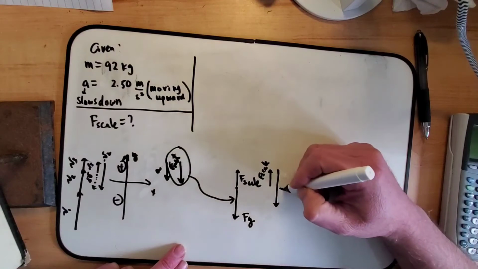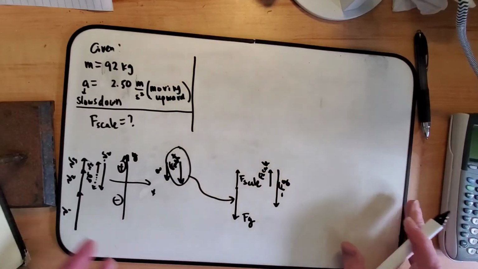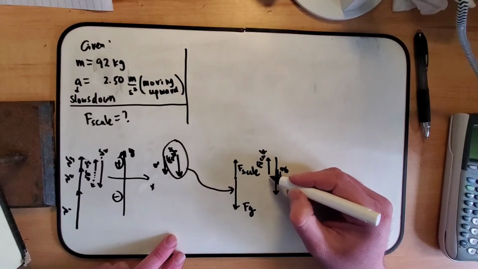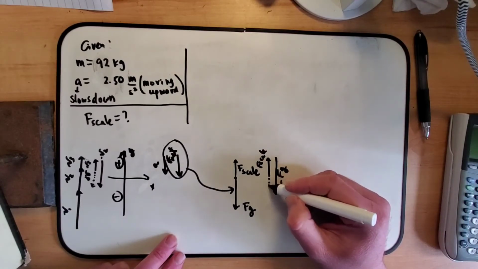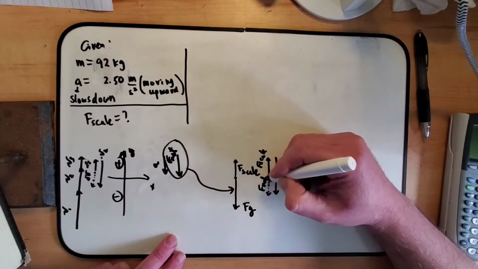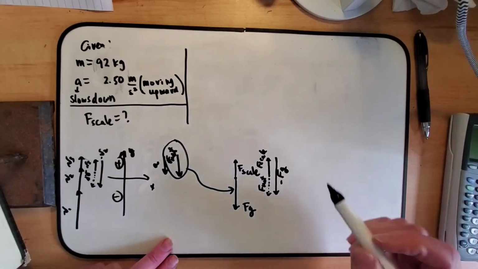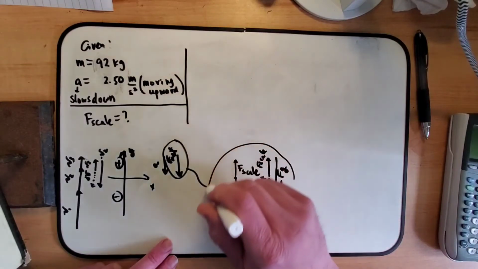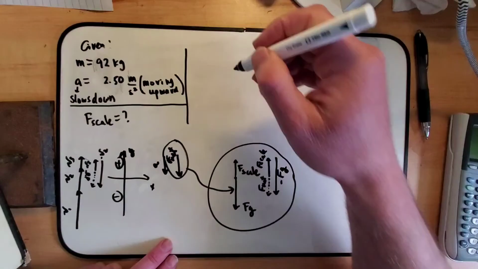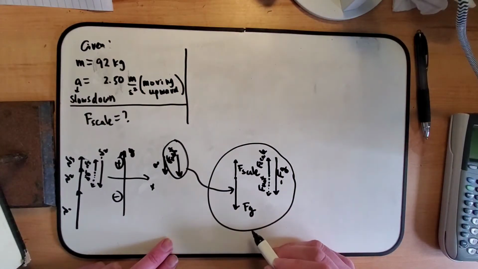So this will be negative F sub g here. And so again, from the tail of the first vector to the head of the second, right there, that will be my F net in here. Okay, so this is conceptually how I should see it. Now, how do we put everything mathematically here? So this is how I'm going to do it.